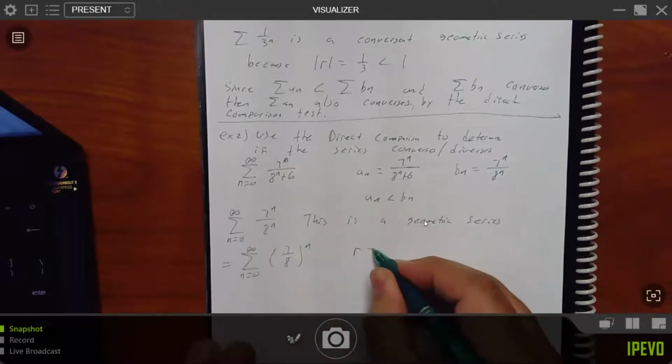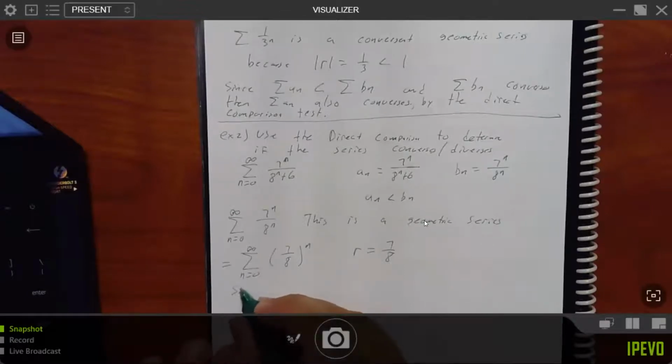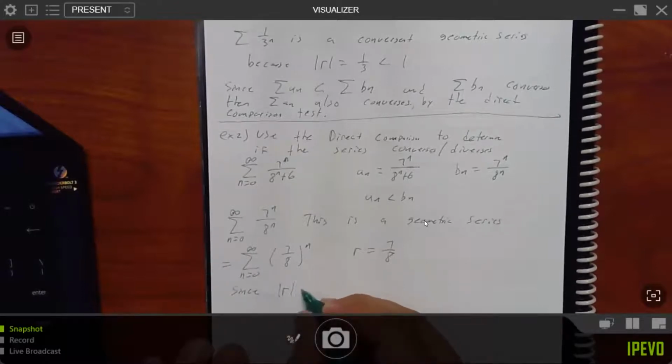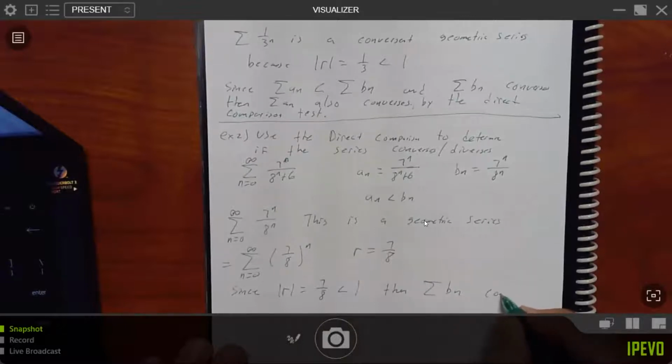So the r is equal to 7/8. That's the factor they have in common. So now we can make our conclusion, right? Since the absolute value of r is equal to 7/8, which is less than 1, then the series b sub n converges.